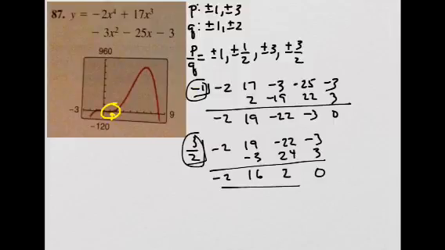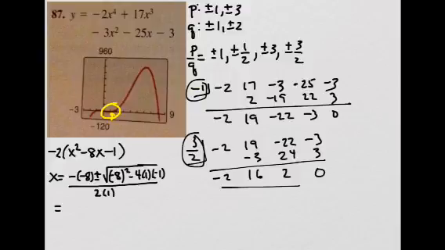So this is a polynomial, and notice how they're all divisible by 2. So I'm going to go ahead and factor out a -2. So this would be x squared minus 8x minus 1. And again, this obviously does not factor. Okay, so I'm going to have to use a quadratic formula. So let me just set it up.